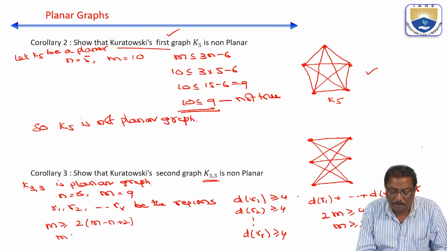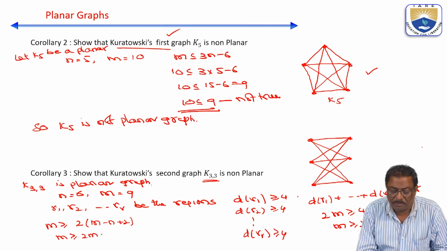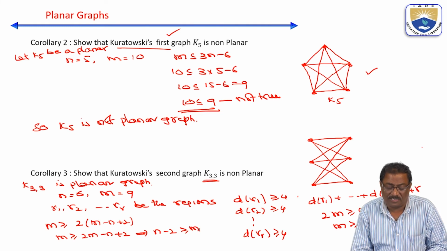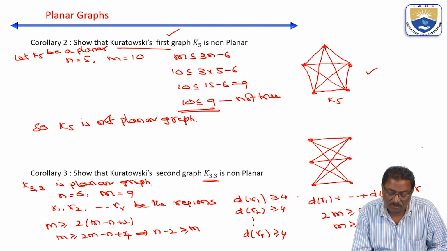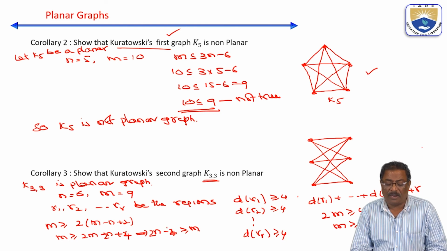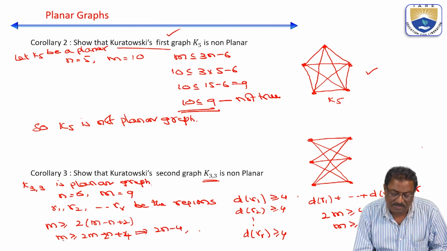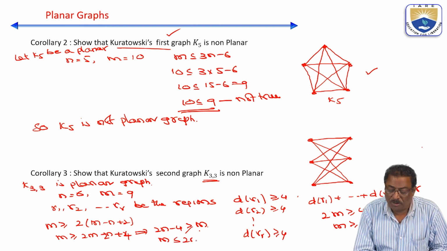Taking terms to the other side, this gives 2N minus 4 is greater than or equal to 2M minus M, which is M. So M is less than or equal to 2N minus 4.